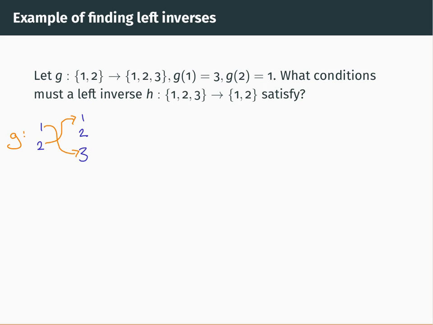And again, we're going to determine whether g has any left inverses, and if so, what they have to look like. Well, h is a left inverse to g if and only if h composed with g equals the identity on the domain of g.